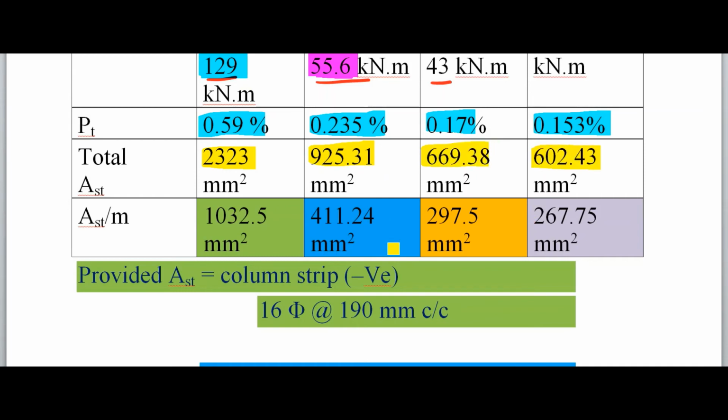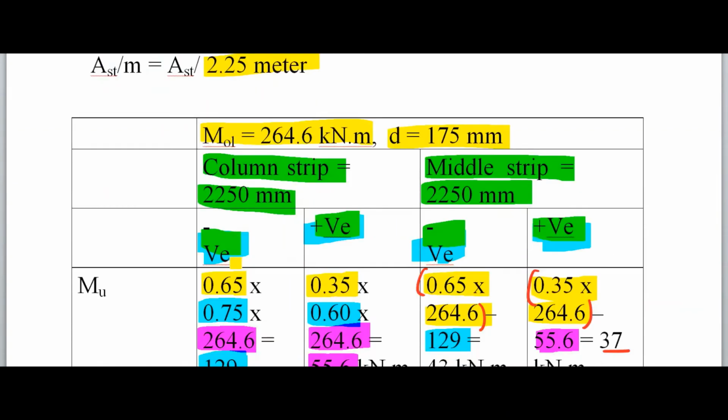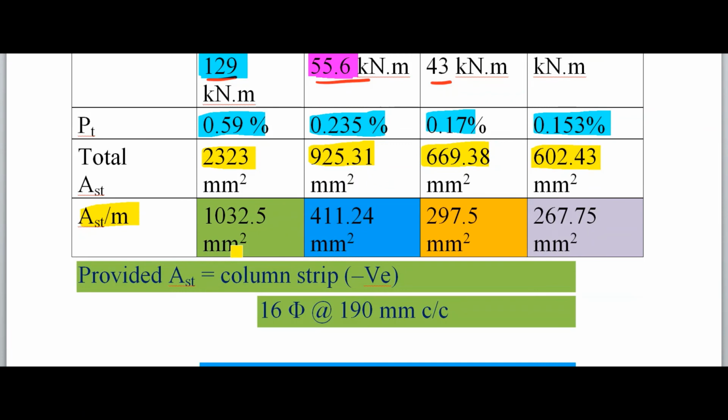The AST is per meter length. The width of the column strip as well as the middle strip is 2.25 meter. By this equation we can find 1032.5, 411.24 mm², 297.5 mm² and 267.75 mm². These are the design areas of steel in the tension zone per meter.